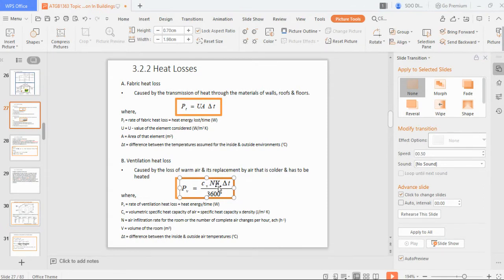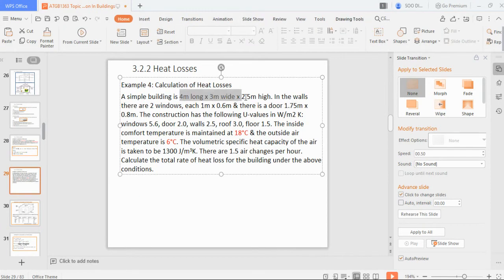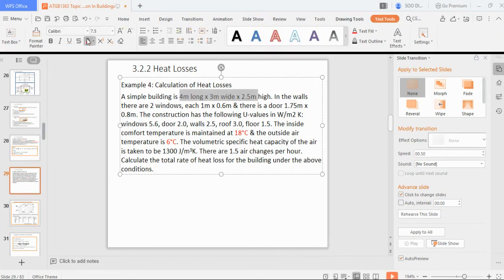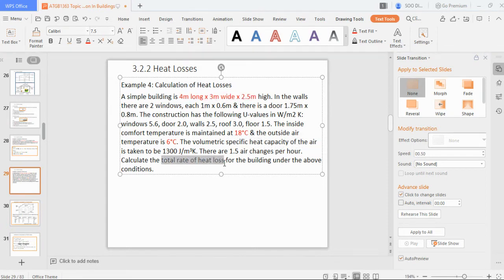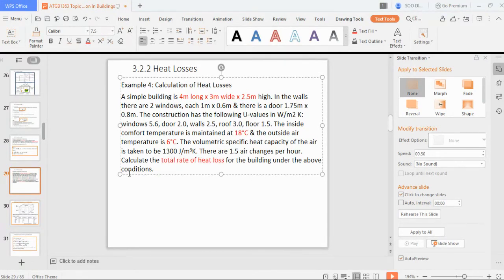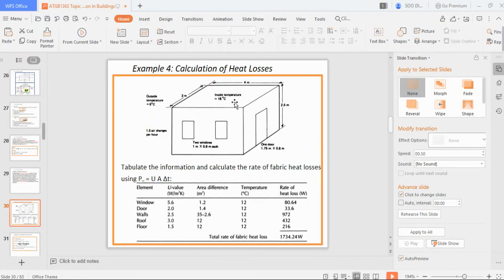You're given the volume, which you have to multiply from here. Your U value also, so you need to find the total rate of heat loss. So you have fabric heat loss and also your ventilation heat loss. So to make it easier, you can first draw out the dimension, the difference between temperature inside, the number of changes, and also your U value.